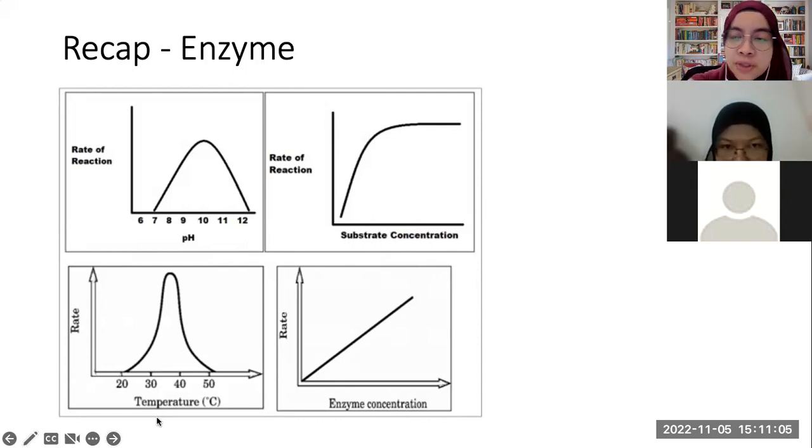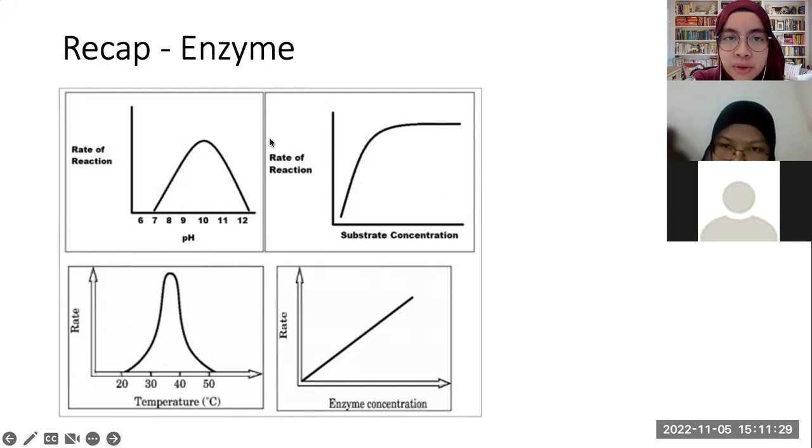You can also put the reaction in different temperature, increasing temperature, and see what happens to the rate of reaction. Same goes for increasing enzyme concentration. So basically, the x-axis should be something that you put or change, you manipulate. The y-axis you can write as rate of reaction.